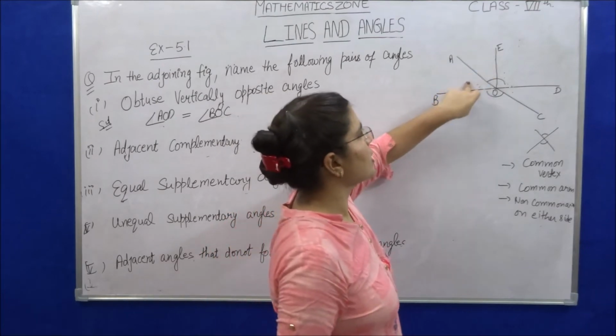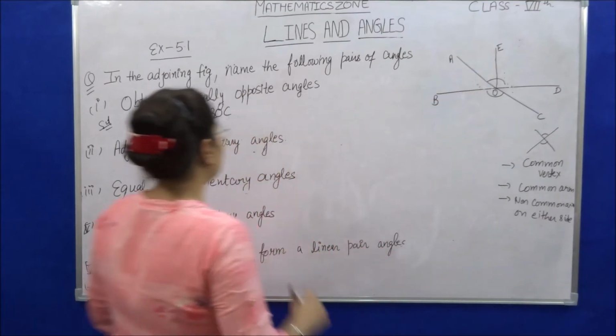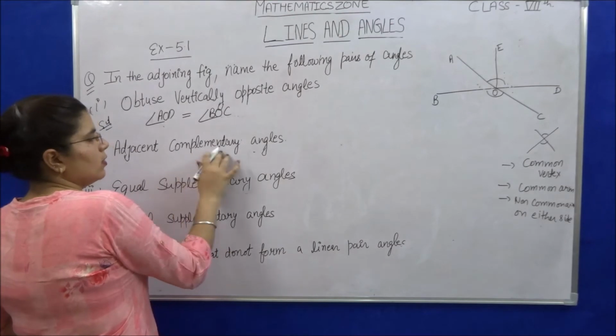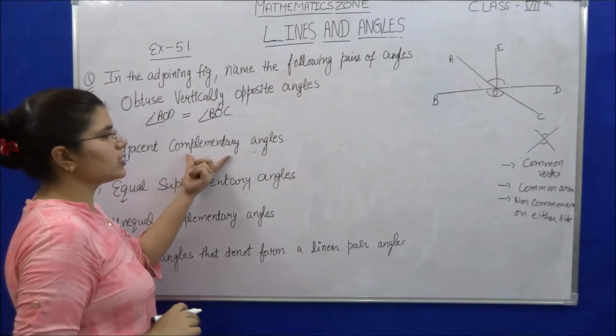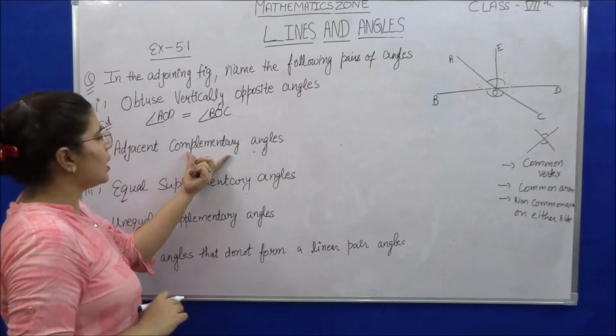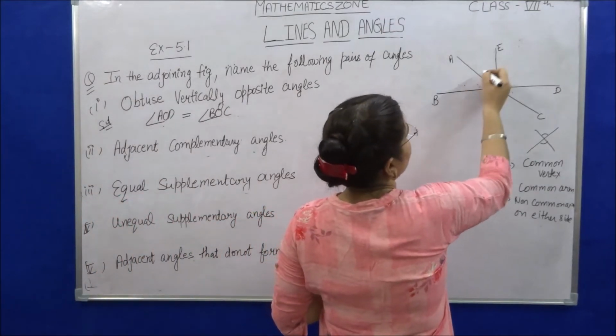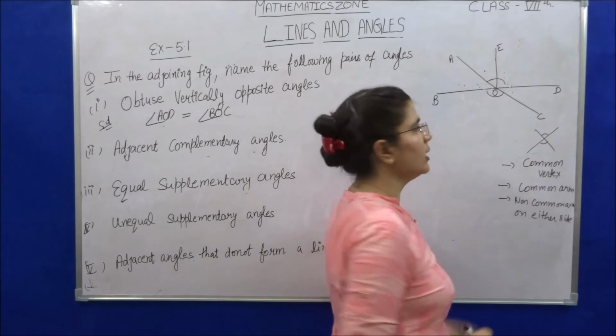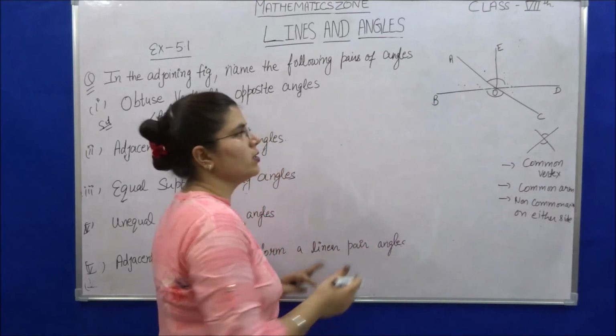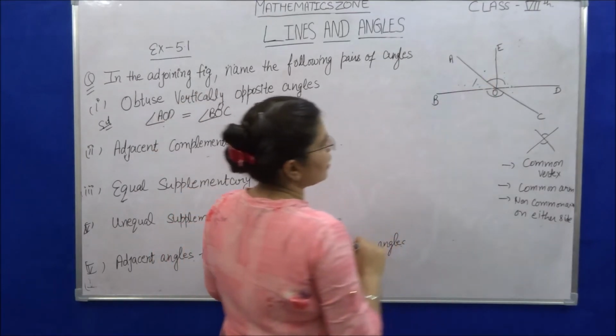So these two angles are adjacent, but with the condition of adjacent, one thing more is given to us, that is both of them are complementary. So here the sum of these two angles is 90 degrees, that is, they are complementary. So our condition is satisfied.